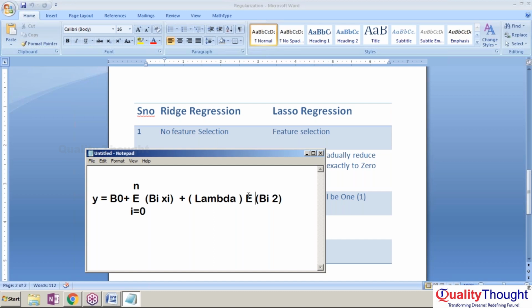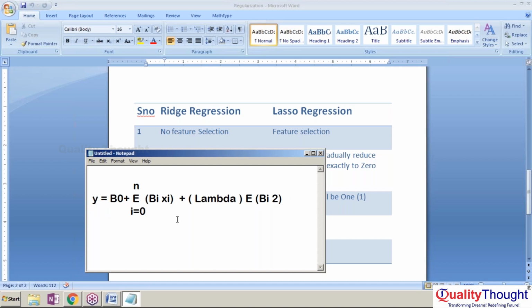So lambda times the sum of the squared slopes. Here you're just squaring the slope, which means you are adding some sort of penalty. This is one type, which we generally call ridge regression.